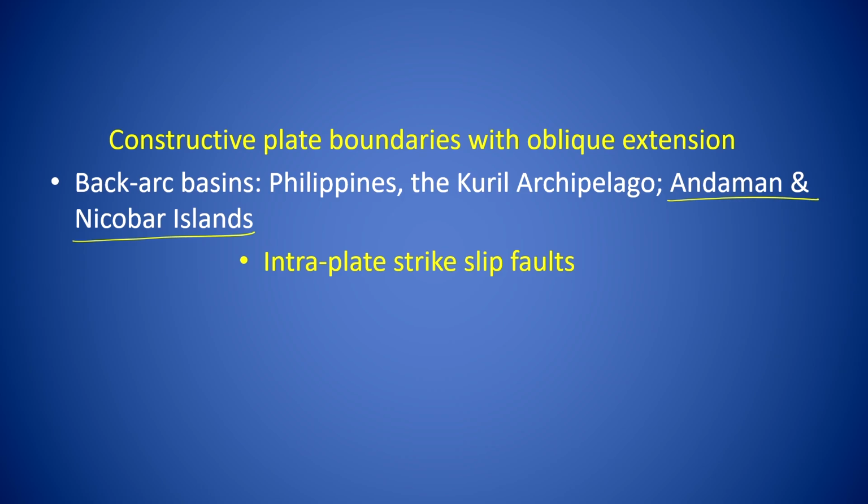Then within the plate also we can have the strike slip fault, and one of the good examples we can take up is the Karakoram fault system, and then you have other fault systems developed in the Tibetan region, which are facilitating the escape of the Tibetan plate towards the south, we can say southeast.